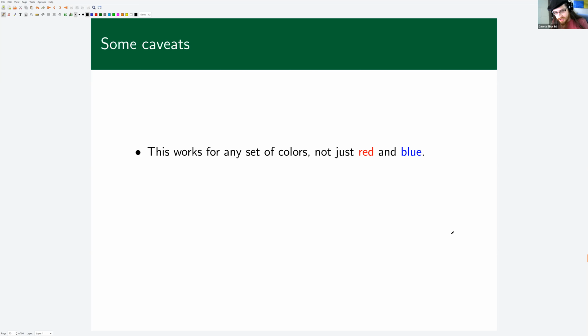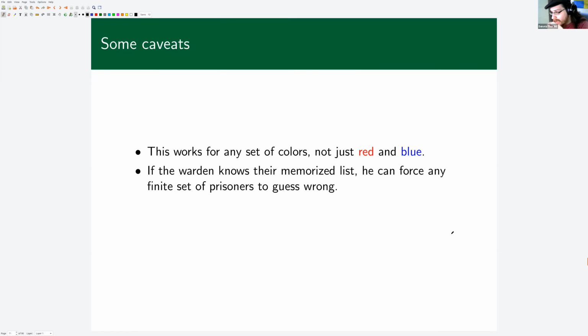Now, how can the warden beat this? I showed that he can't get infinitely many prisoners to die. Their strategy is just too good. But what if the warden hides a microphone in the room where the prisoners are agreeing on this list, so that he knows their memorized list? Then he can't guarantee that infinitely many guess wrong, but any finite set of prisoners, he can force them to guess wrong.